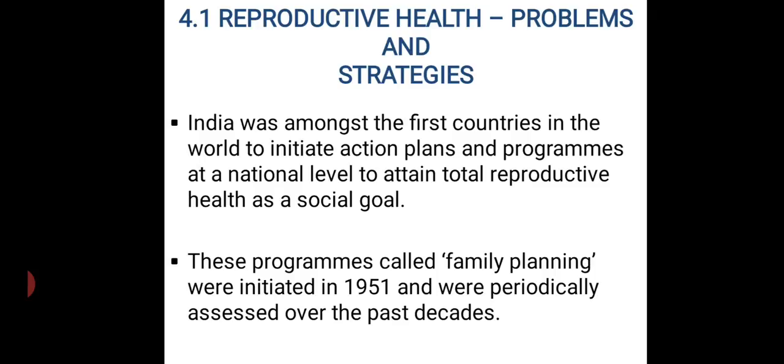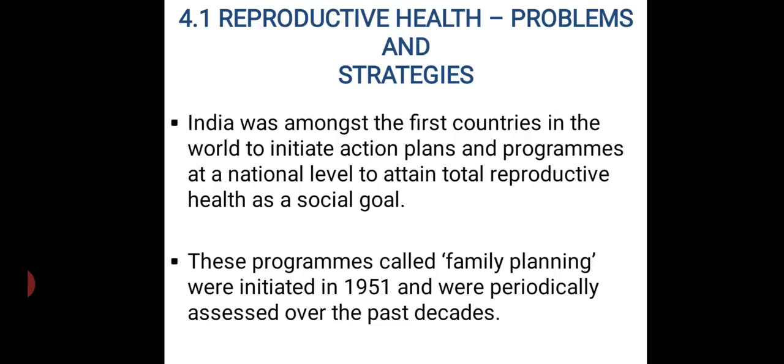India was amongst the first countries in the world to initiate action plans and programs at a national level to attain total reproductive health as a social goal. So we Indians were the first to initiate these kinds of measures related to reproductive health, and these programs were called family planning.